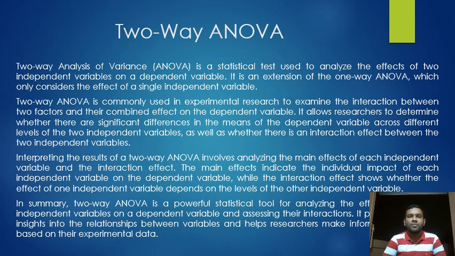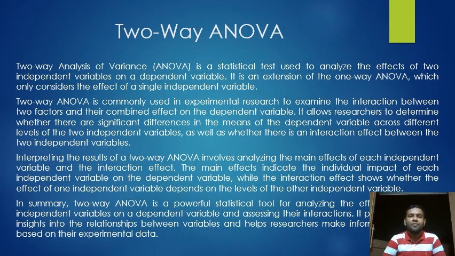Two-way ANOVA is commonly used in experimental research to examine the interaction between two factors and their combined effect on the dependent variable. It allows researchers to determine whether there are significant differences in the means of the dependent variable across different levels of the two independent variables, as well as whether there is an interaction effect between the two independent variables.